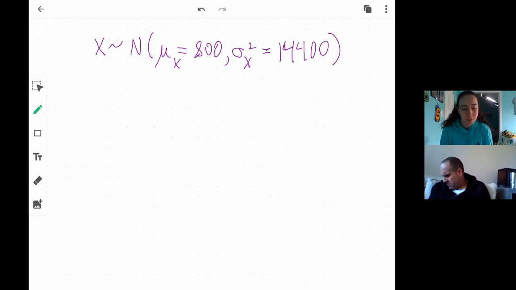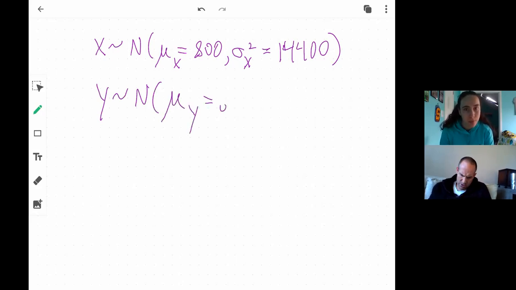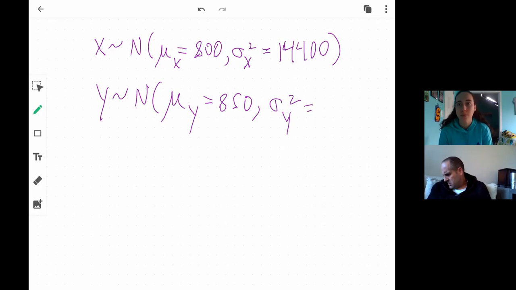And the length of life in hours of a light bulb manufactured by company B is normal with a different mean, 850, and variance 2,500.